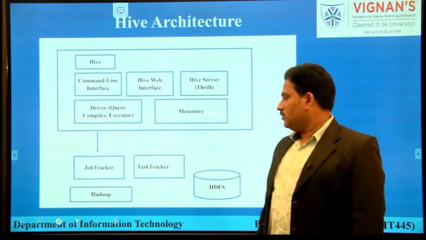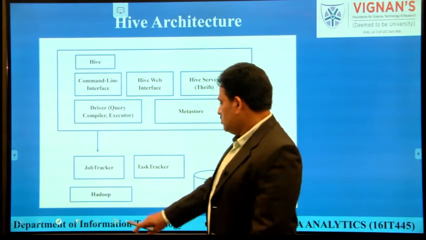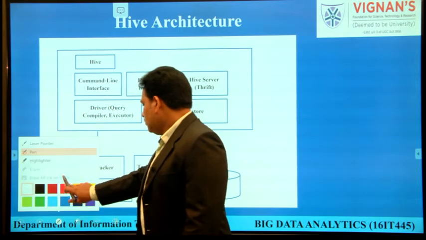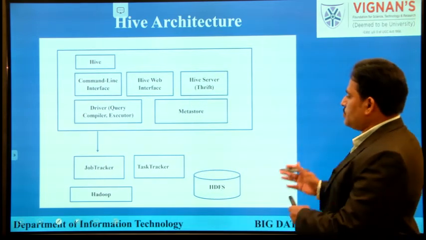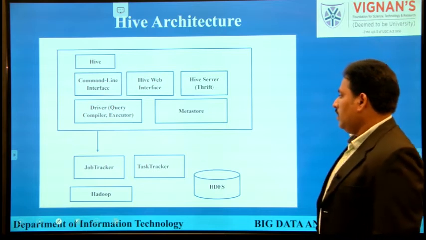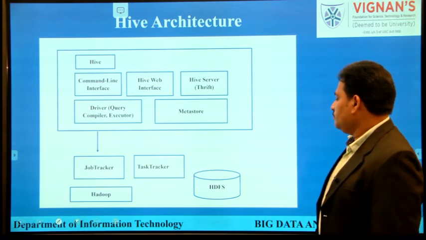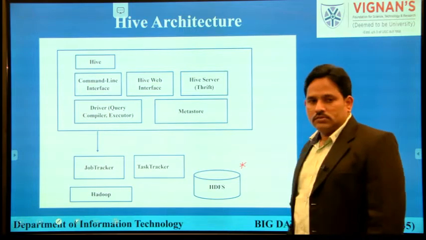Okay, now we'll see the architecture of Hive. In this slide we will discuss the components of Hive. Now Hive has a two-layered architecture. In the bottom layer we are using HDFS for storage purposes.